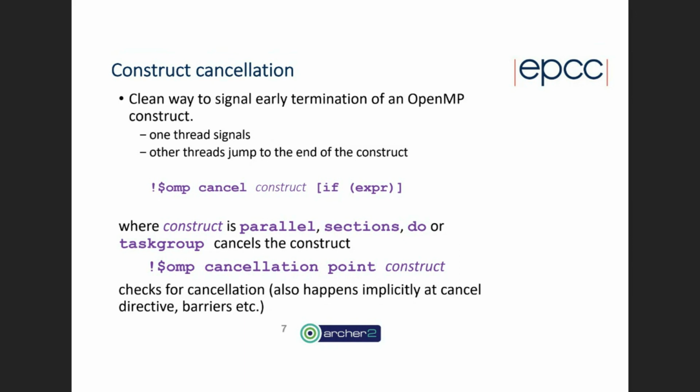So this doesn't raise the signal, but this indicates a place at which threads check for it. That also happens in other directives and in places like barriers as well. But you can also code explicit points to say, okay, at this point, check to see if another thread has raised the cancellation signal.